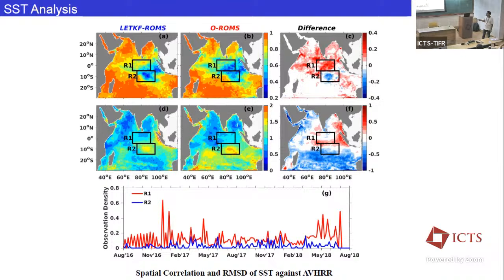What we see is that over this region, R2, okay, the number of observations are very limited compared to the number of observations that we have over R1. So most likely this is the reason why we do not see an improvement or rather a degradation in this region, but just north of it, there is so much of improvement. Okay?